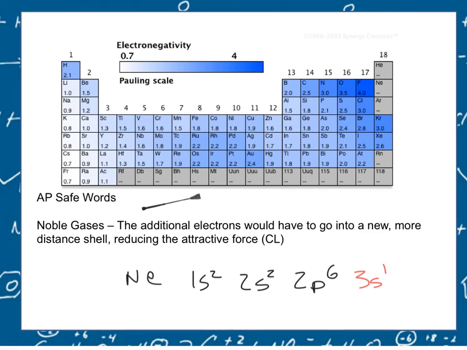There's so little attraction there that it has to be forced to take on this extra electron. So whatever sign convention they're using, this would have the opposite sign from the other electron affinities.